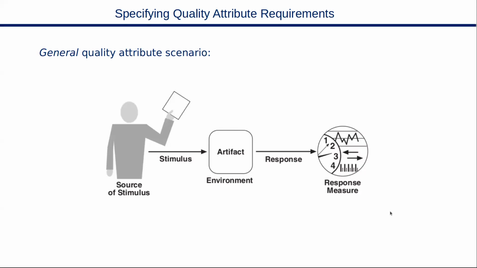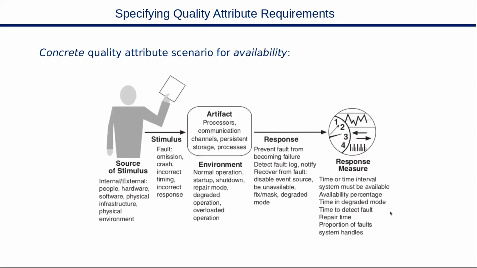So based on this general quality attribute scenario, we can create concrete quality attribute scenarios. Here is the example for availability. You can see here that, for example, the source of stimulus can be internal or external. It can be people, hardware, software, physical infrastructure, physical environment. The stimulus can be fault, omission, crash, incorrect timing, incorrect response.